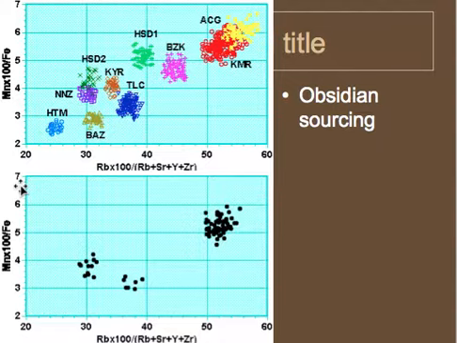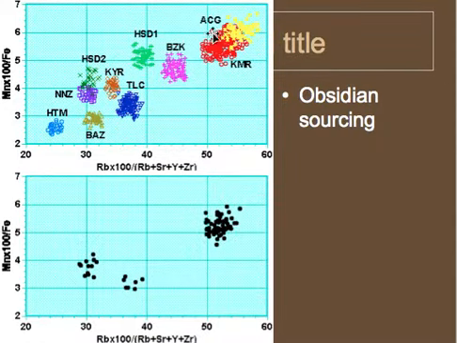Now, the good thing about obsidian is that each source is chemically different from each other, right? And if you have artifacts from an archaeological site, you can do this elemental analysis, and because each source has different proportions of elements, you can figure out where those artifacts came from, right?